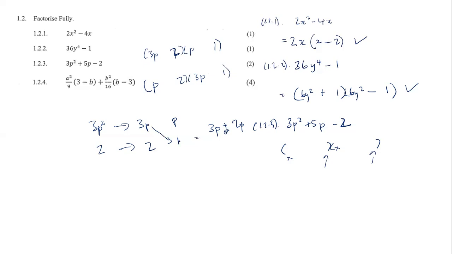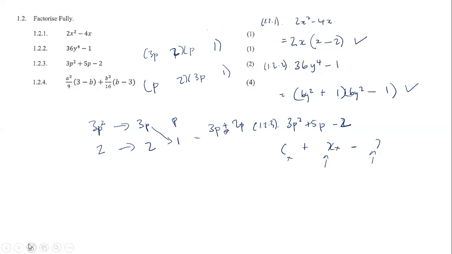So now the following thing is, where is 3p going? 3p is going to be on this bracket or on that bracket. That will be determined by the middle term. Middle term is a positive number, and again, here we have a negative number. So for a fact that we have a negative number and there we have a positive number, that means there is a bracket that is positive and there is a bracket that is negative.